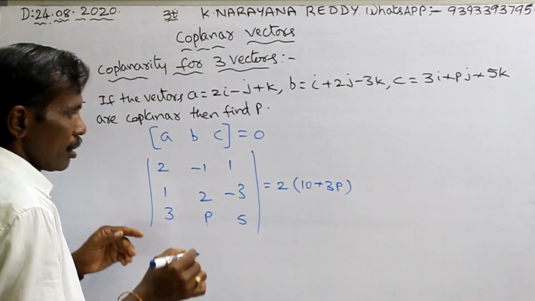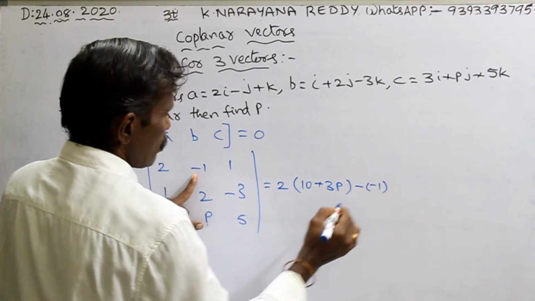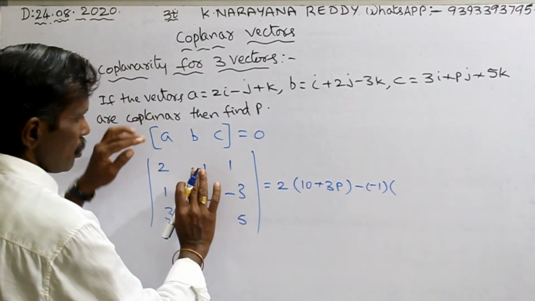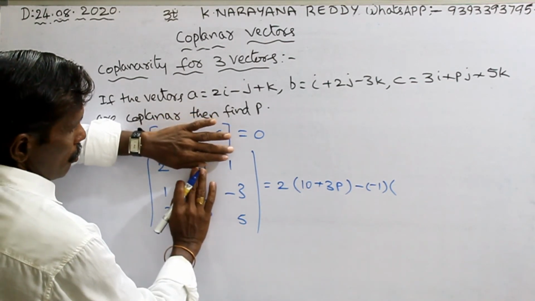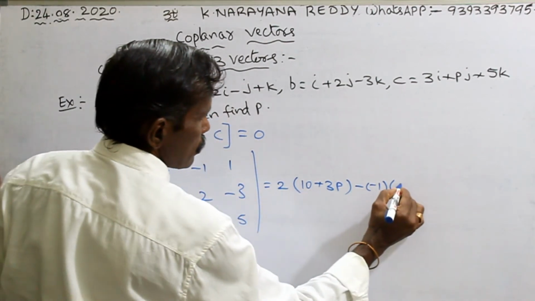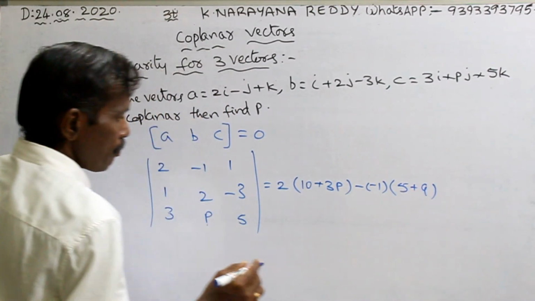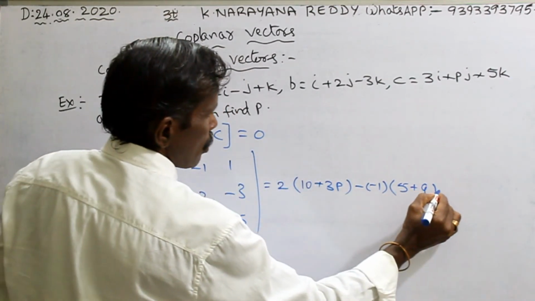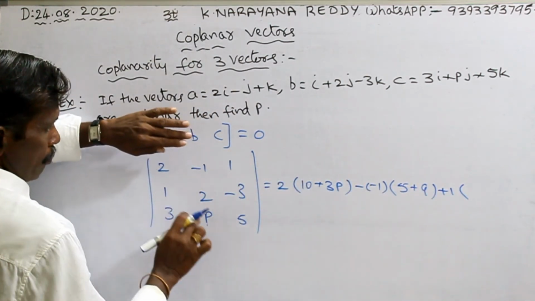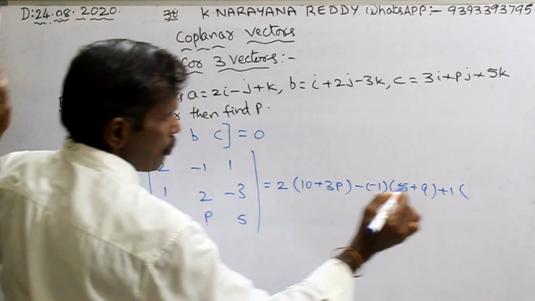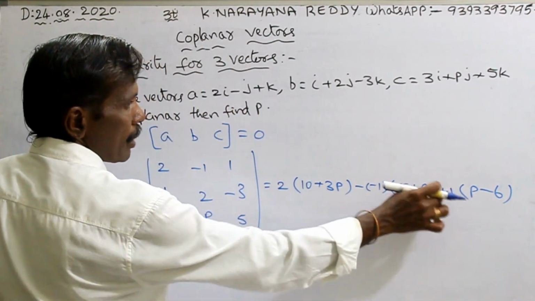Yes, minus 1 plus 1, minus of minus 1 into this one, 5 into 5 minus plus 9, minus of minus plus 9. Okay, in the same manner, 1 into p minus 6, p into 1, p, 3 into 2, 6, p minus 6, plus minus plus, that's all.